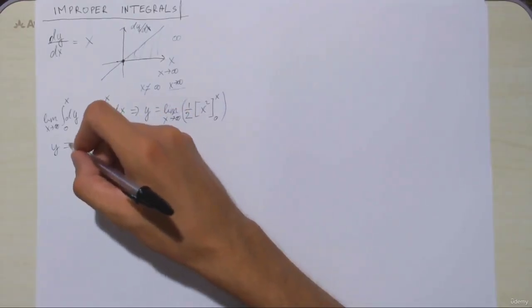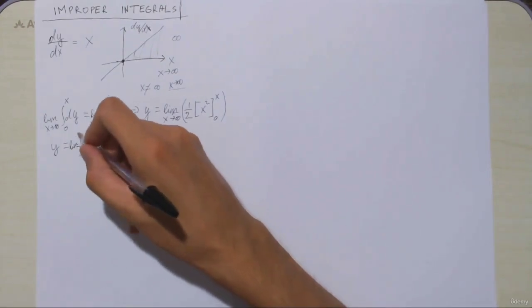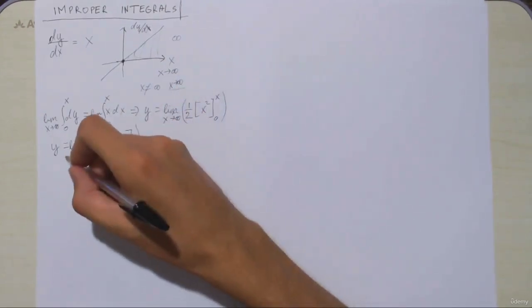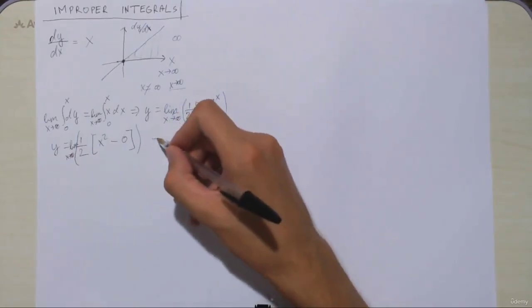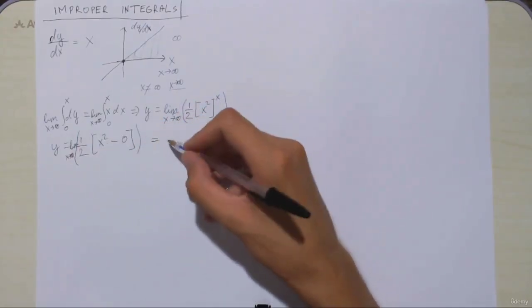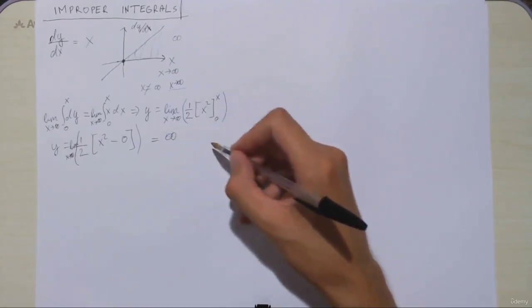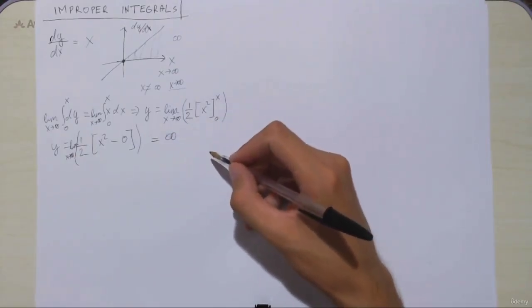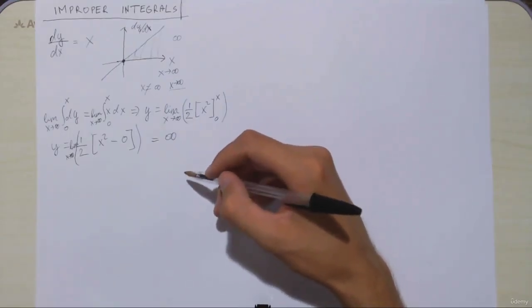But you should not forget that you have to put the limit here as x approaches infinity. And if you do that, then this x gets bigger and bigger, so your y in the end will approach infinity. It's logical, right?